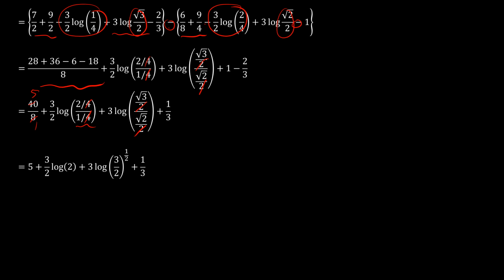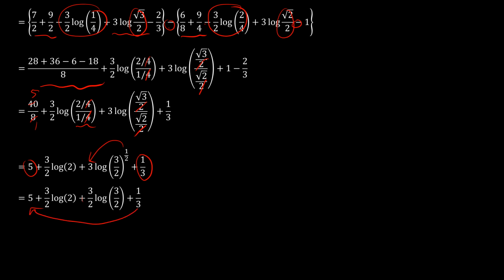This root sign goes up, and then we have to add these two together. So we have 5, 3 over 2 log 2 plus 3 over 2, because we pull the half here, log 3 over 2.